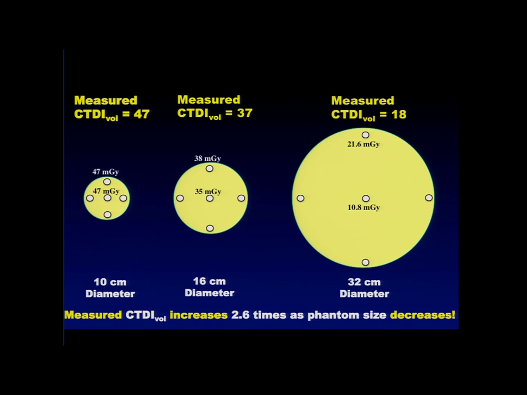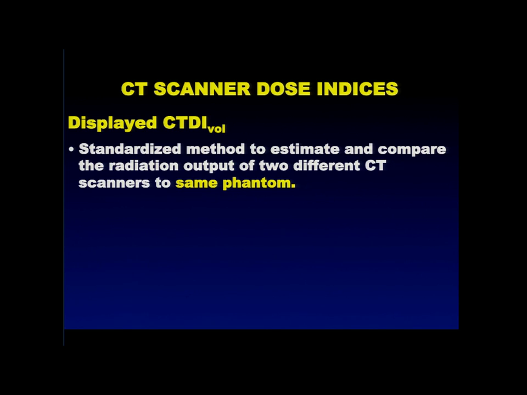So what's going on? Well, with the larger phantom, the outlying parts of the phantom attenuate the X-rays before they get to the center. And as a result of that, it's the patient's peripheral tissues that provide some radiation protection for the centrally located tissues.